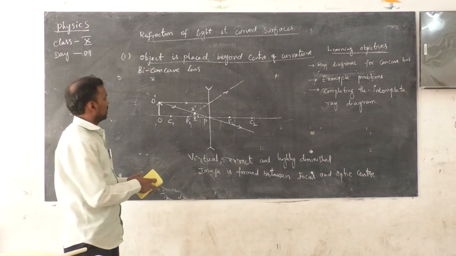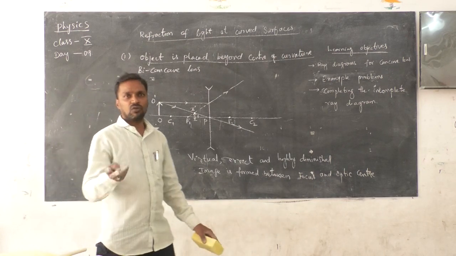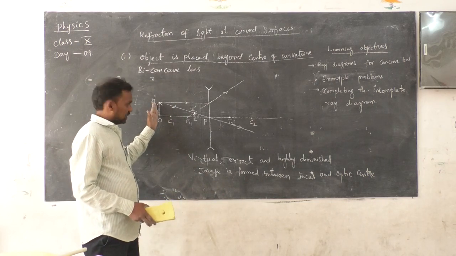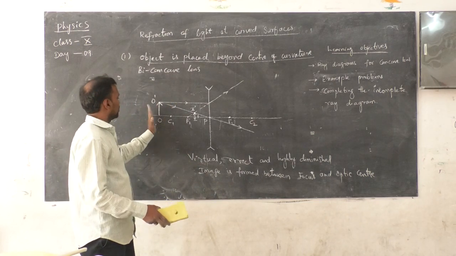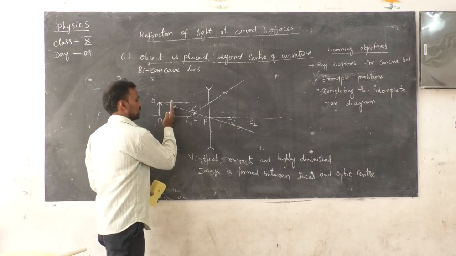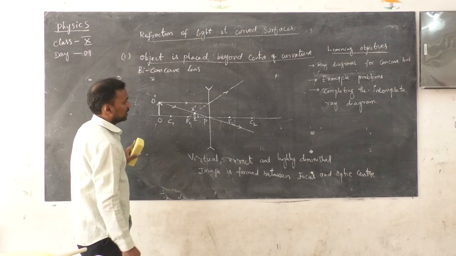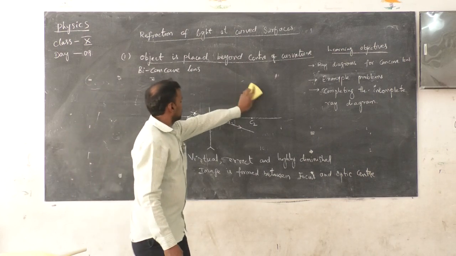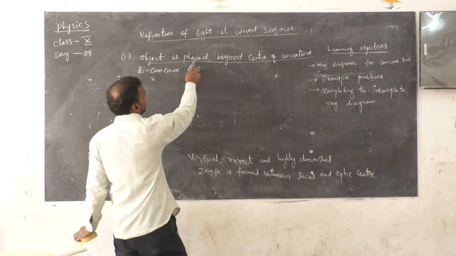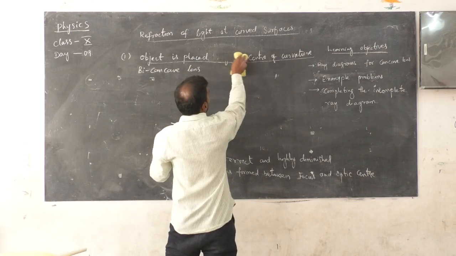Now let us go for another one. When you bring the object here, as we have done earlier, when the object is brought at C, what happens to the image? Let us see. So I will be changing here. The object is placed at C, instead of beyond.